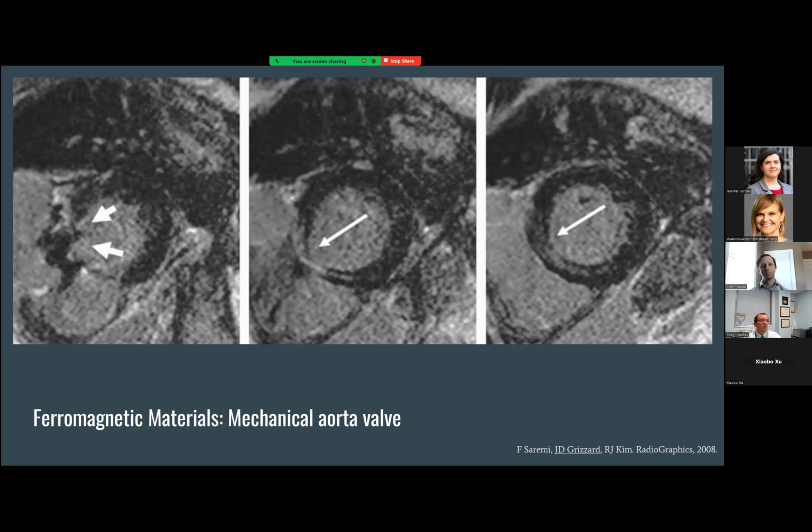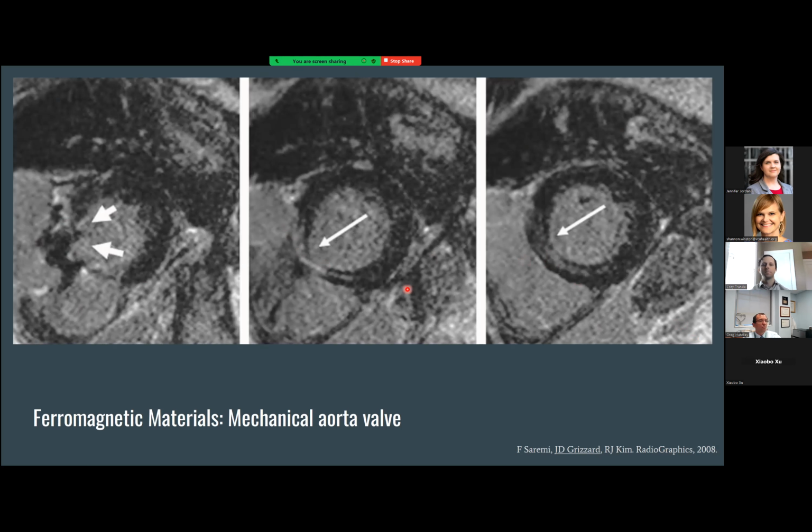We get magnetic susceptibility artifacts from the metal, as well as RF artifacts that can cause a deterioration of that B1 field and the RF pulses that help refocus and give us the clearer images. They can cause an induction of something called eddy currents when you have metallic implants there.